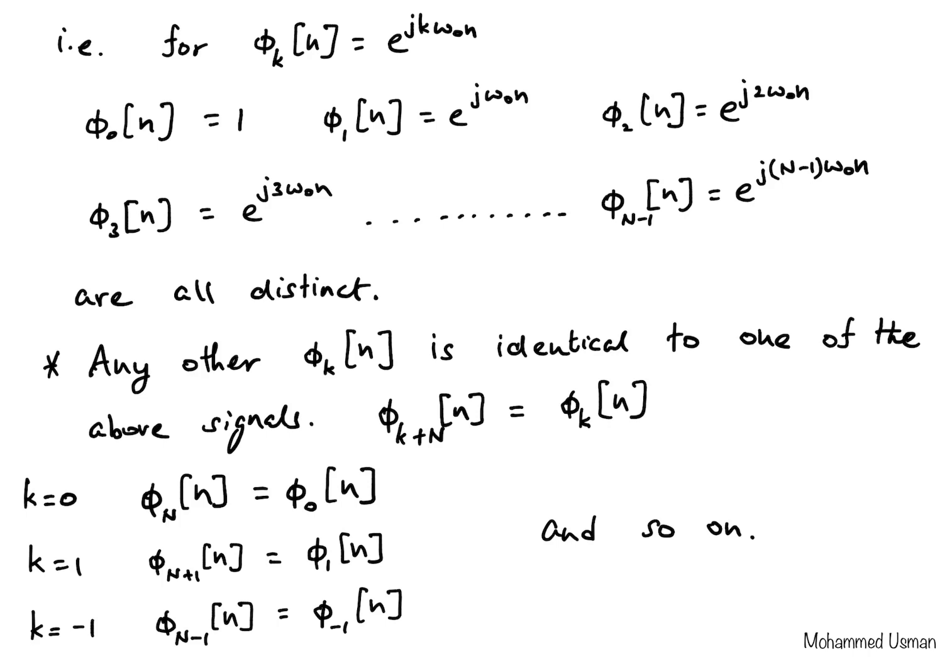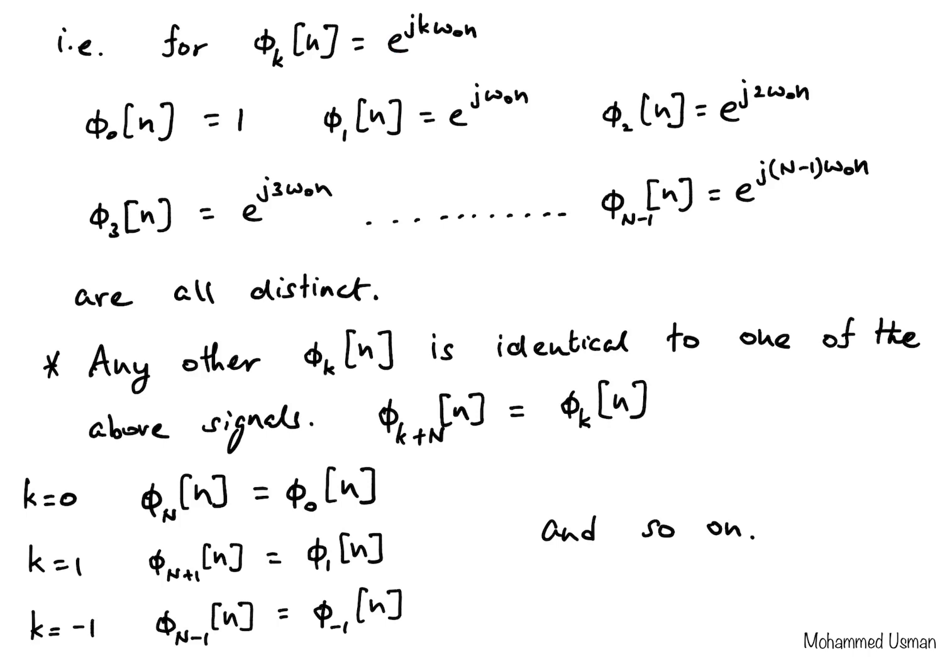To illustrate that there are only n distinct complex exponentials in the set, we have this phi k of n for k being 0, 1, 2, 3, and minus 1, minus 2, and so on. If you go from 0 to n minus 1, that is a set of n complex exponentials, each of which has a period of capital N. For k equal to 0, e power j 0 is 1.